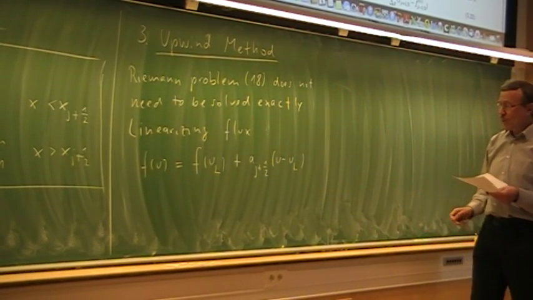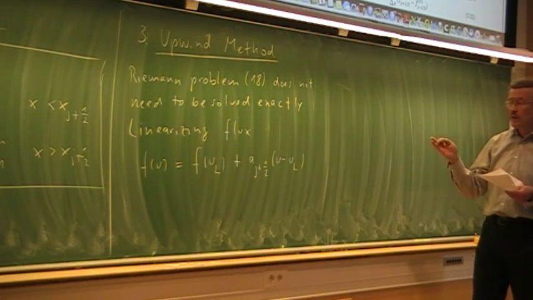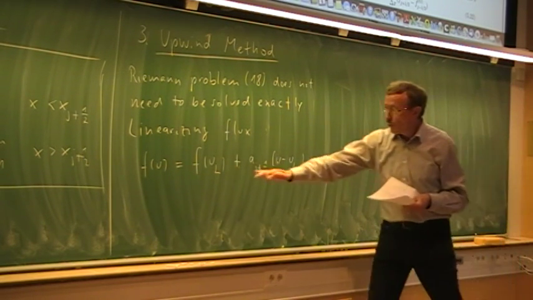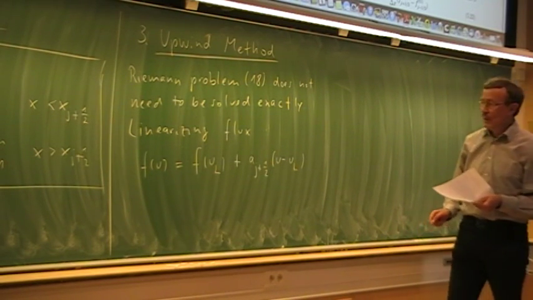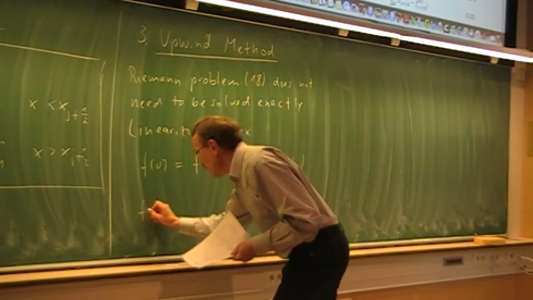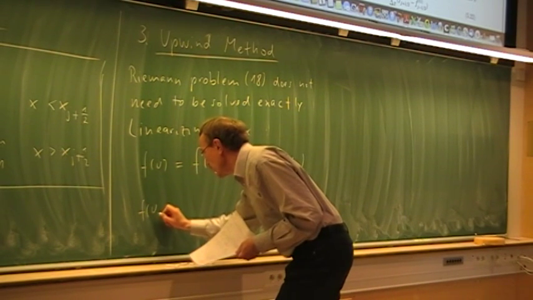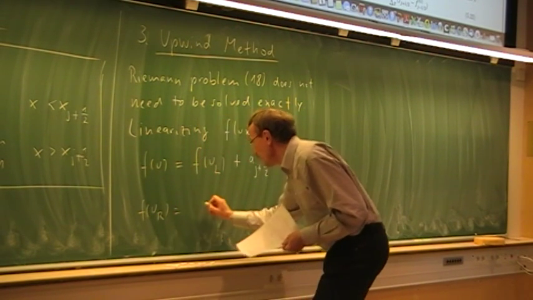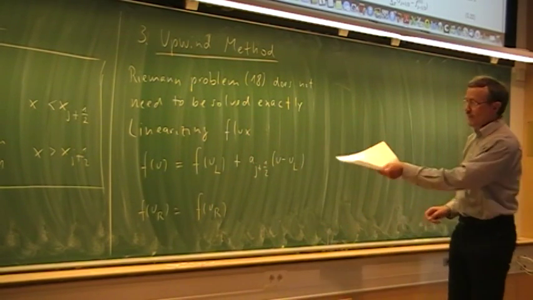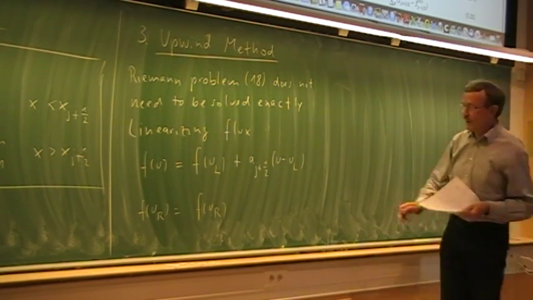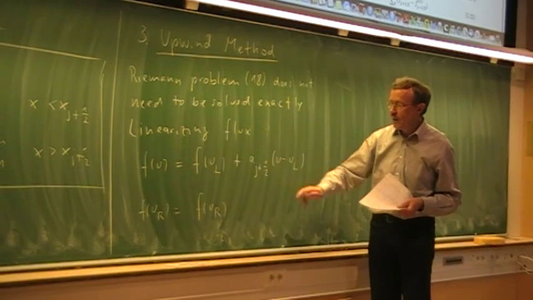So that means when we are at u equal u_L, we recover the flux at u_L, and his idea was that when we have f of u_R, that we should recover the f of u_R.